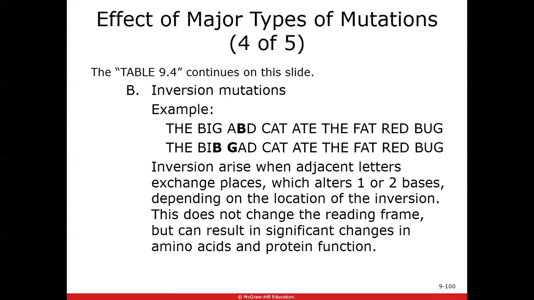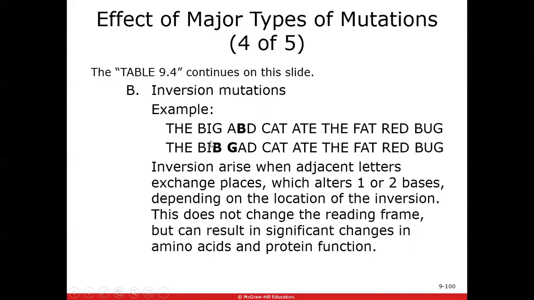Okay? Then you have inversion mutations. Inversion arises when adjacent letters, letters right next to each other, exchange places, which alters one or two bases depending on the location of the inversion. This does not change the reading frame, but can result in significant changes in amino acids and protein function. So like these amino acids next to each other exchange.